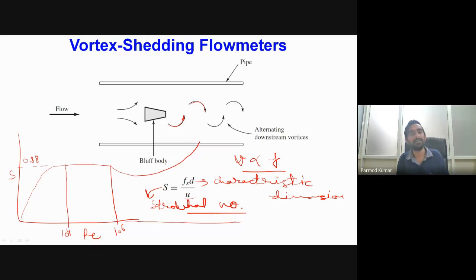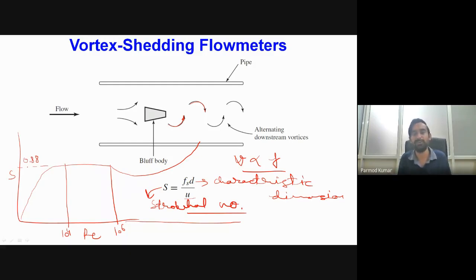Okay, so because within the range of Reynolds number of 10 to power 4 to 10 to power 6, we are having the constant value of the Strouhal number. So what we want to do normally when we design our vortex shedding based flow meters, we consider this particular range of the Reynolds number.